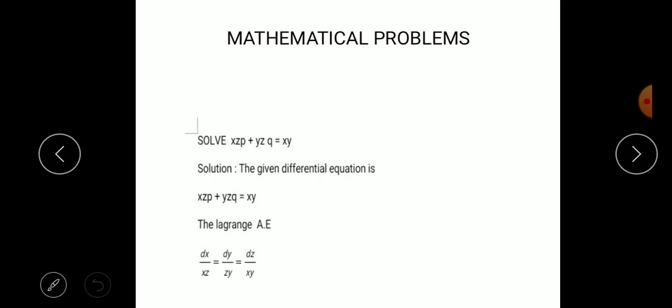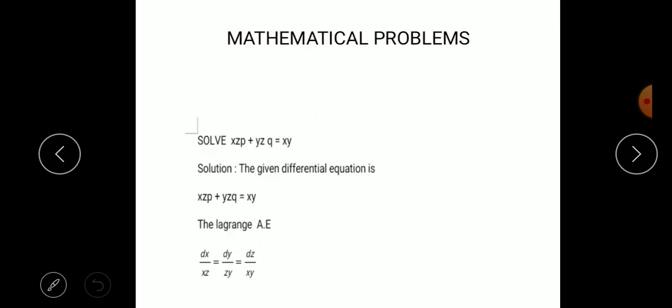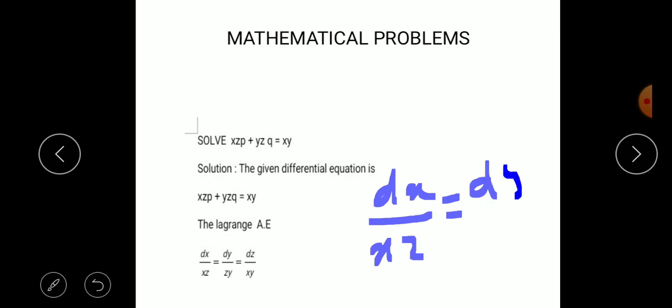Now look at here, taking first two terms, then we have dx upon x is equal to dy upon y. So look at here, the first two terms are dx upon xz equal to dy upon zy.